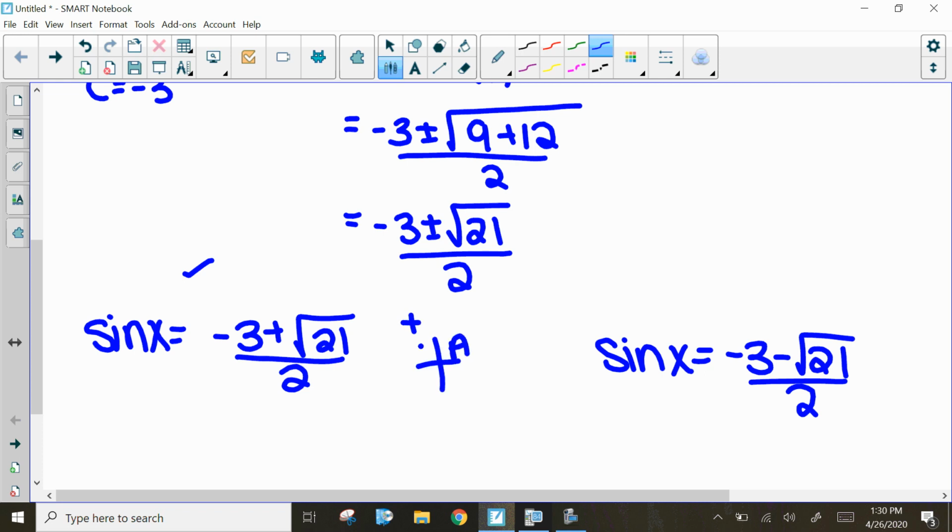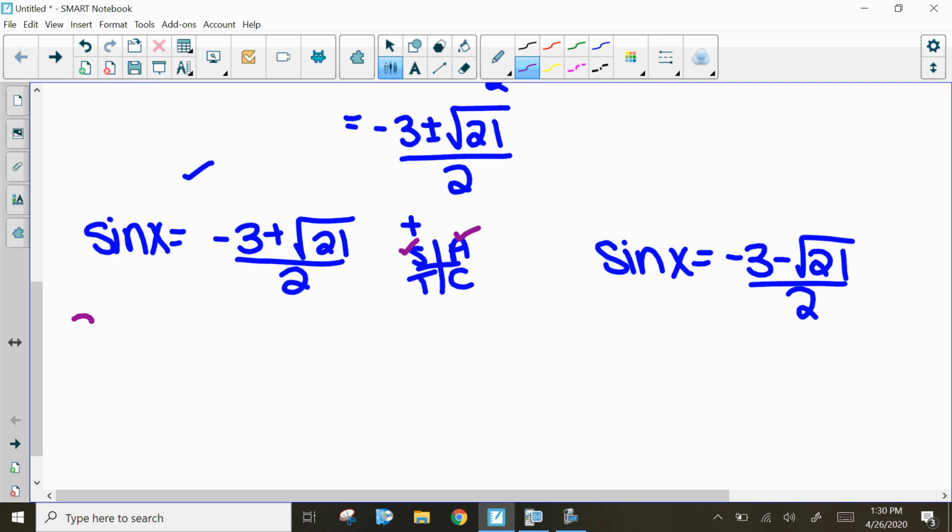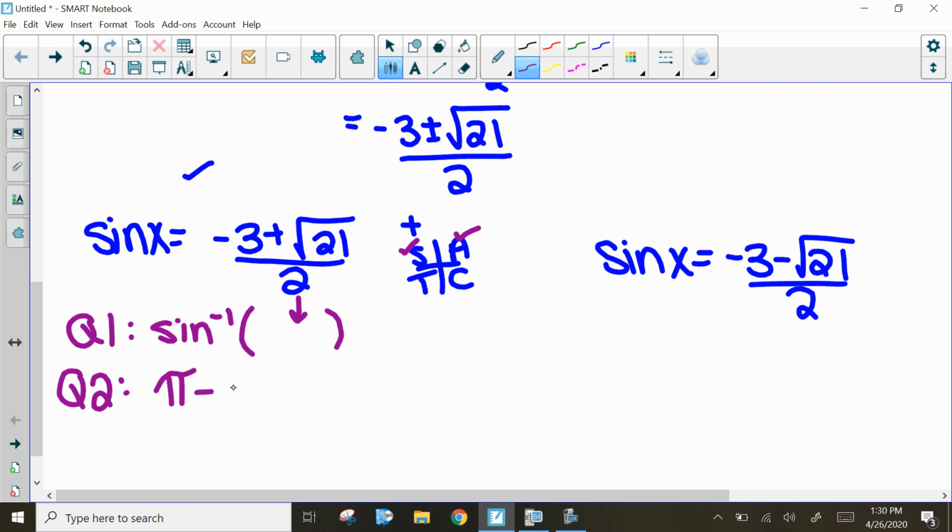So I look back. Okay, ASTC, sine is positive in quadrants 1 and 2. So in quadrant 1, I would just do inverse sine of this value. And in quadrant 2, I'll do pi minus inverse sine of that same value.